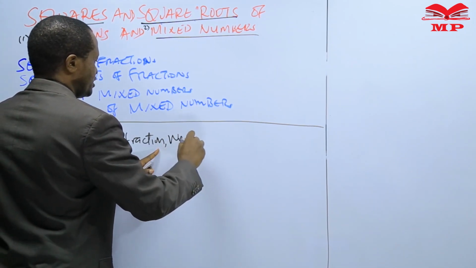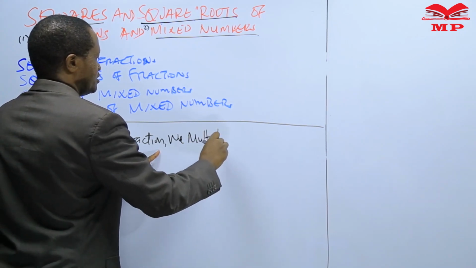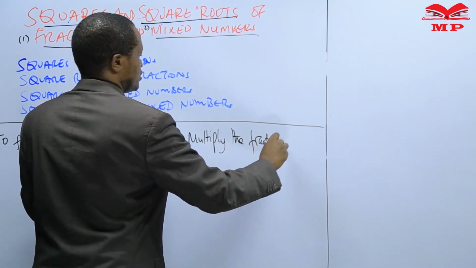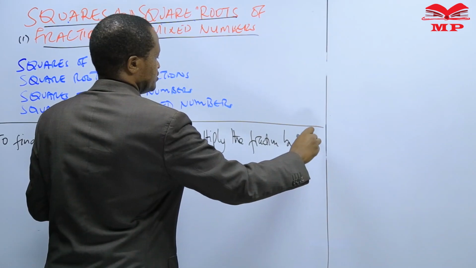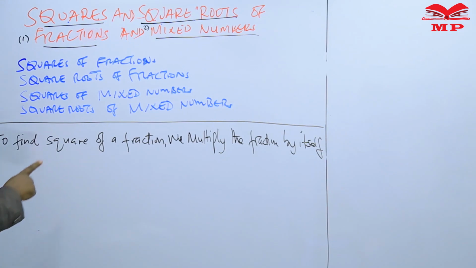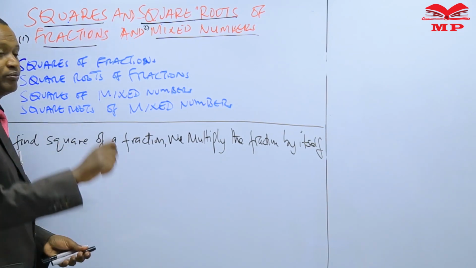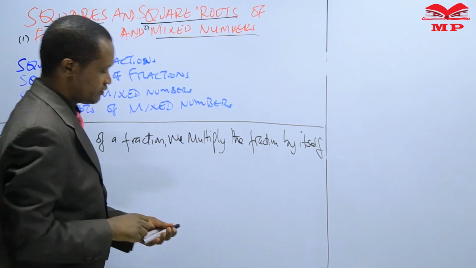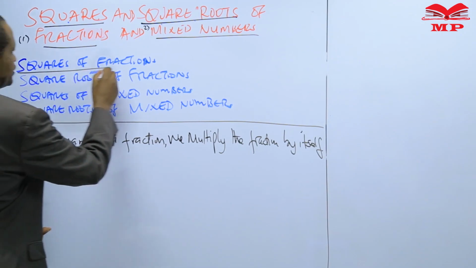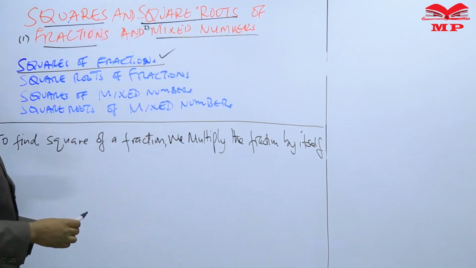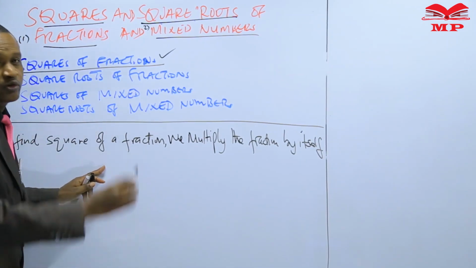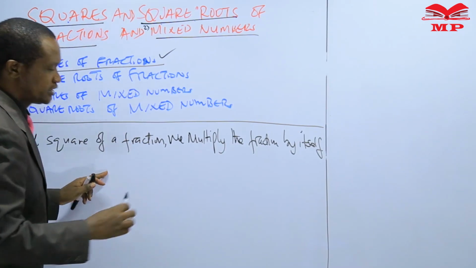We multiply the fraction by itself. To find the square of a fraction, we multiply that fraction by itself. That is the square of a fraction. We have answered that question.